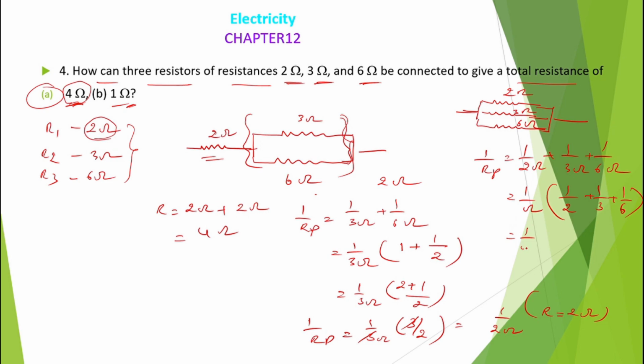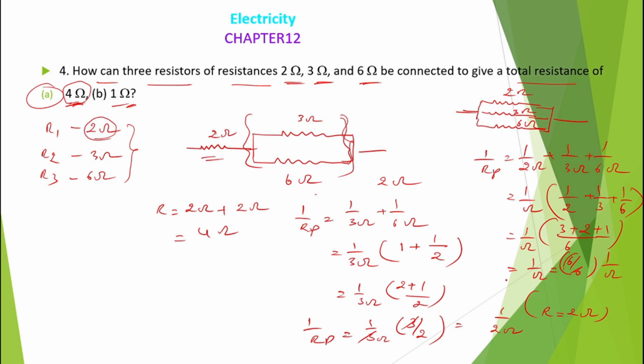So you take LCM 6: 2 3s are 6, 3 2s are 6, plus 1, so 3 plus 2 plus 1 is equal to 6 by 6 into 1 by ohm. 6 cancels.